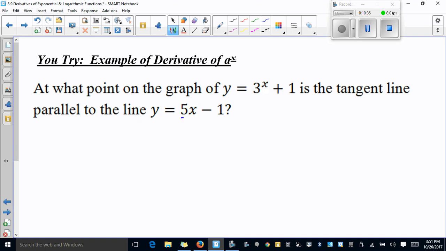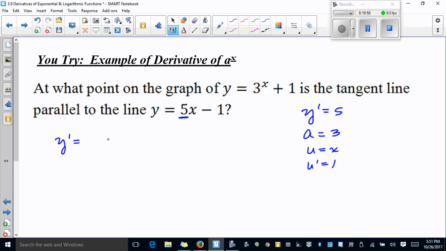So u prime is going to be 1. So I have y prime equals u prime, which is 1, and then 3 to the x, natural log of 3. There's my derivative, plus 0, because the derivative of 1 is 0.